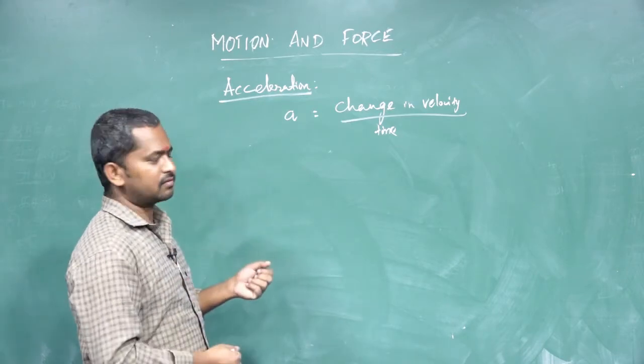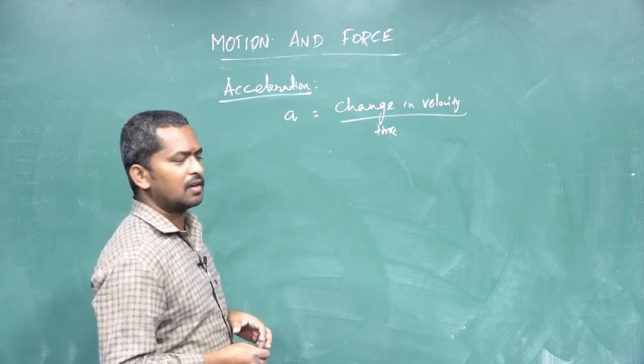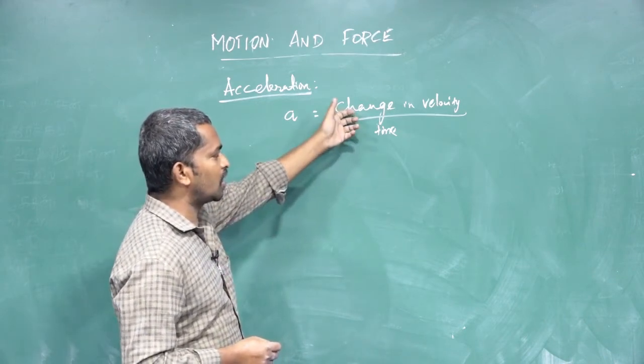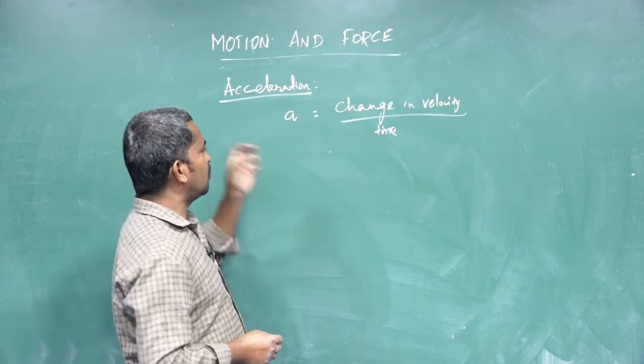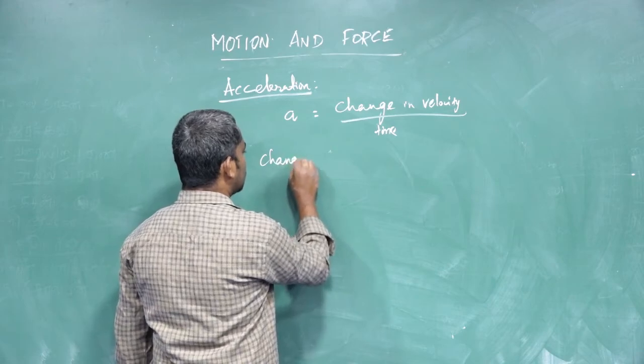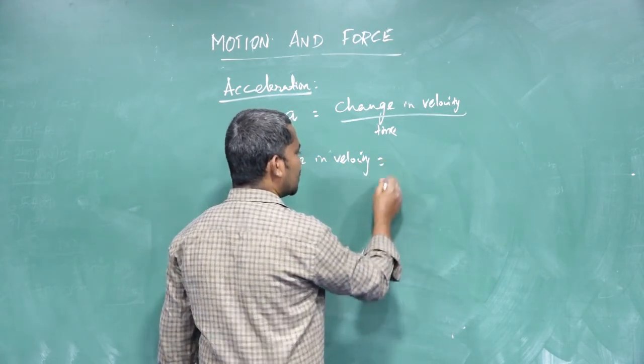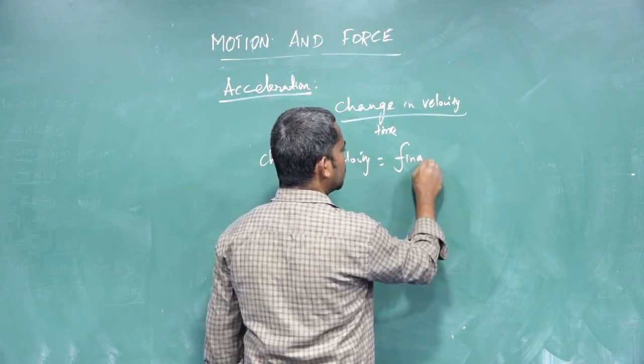So how much acceleration is possible? Its value is change in velocity divided by time. So what do you mean by change in velocity? Change in velocity means final velocity minus initial velocity.